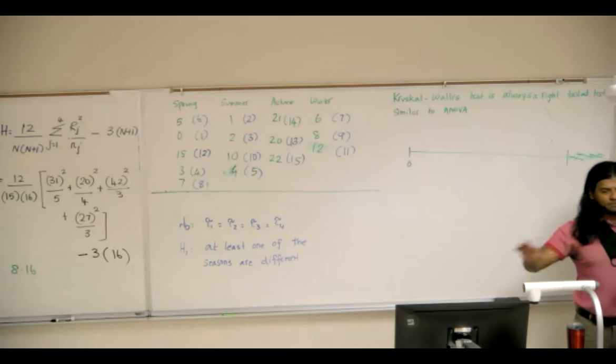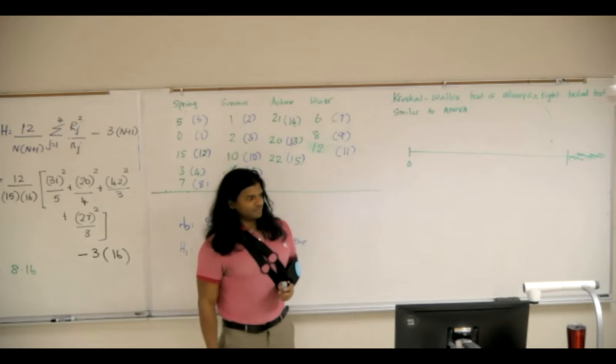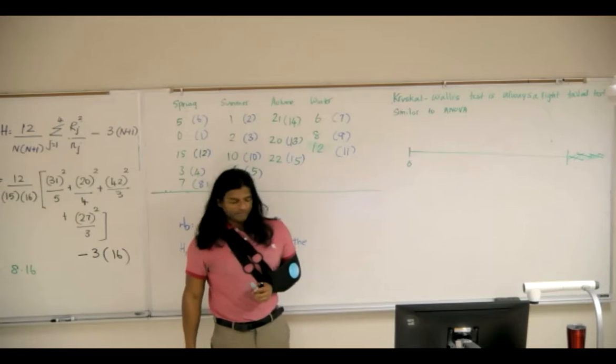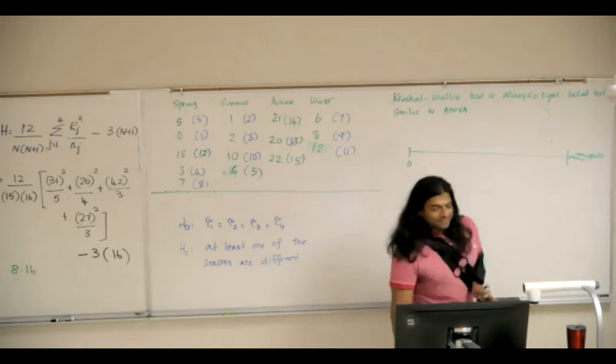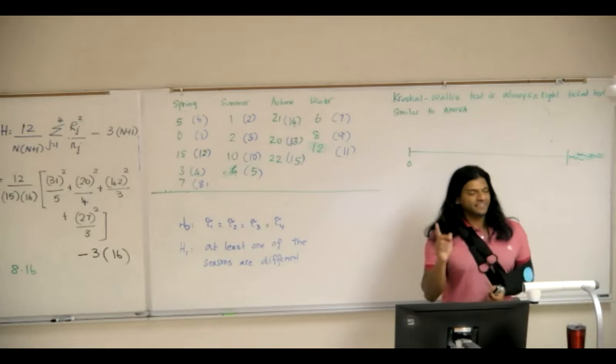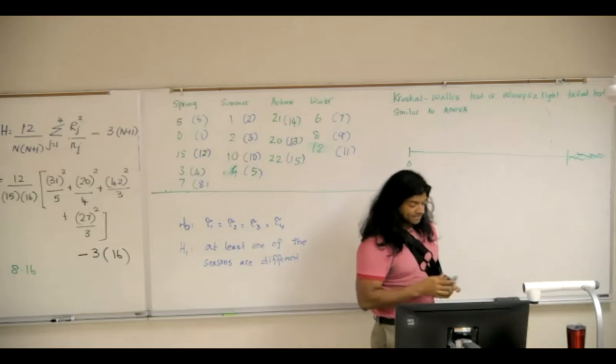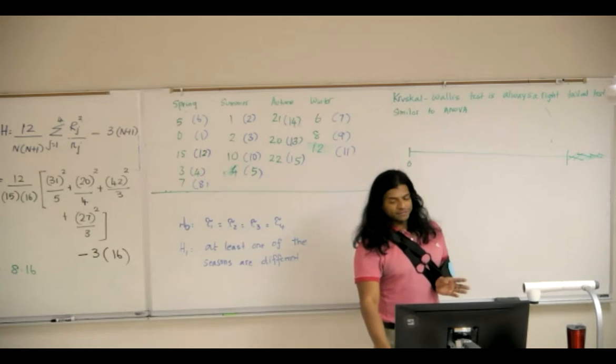Inverse norm is for large sample approximation, and we cannot use the normal distribution. The question being, what do we use to find the critical value in general? Alpha, right? We need alpha to find the critical value. Alpha in this case is 0.05. And if we want to find the exact Kruskal-Wallis critical value, we have to use R.